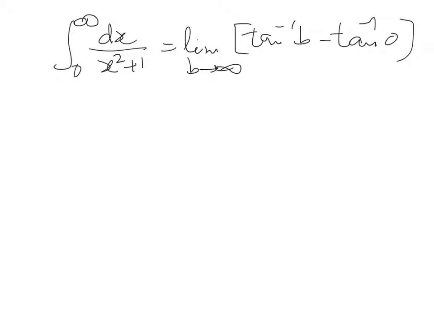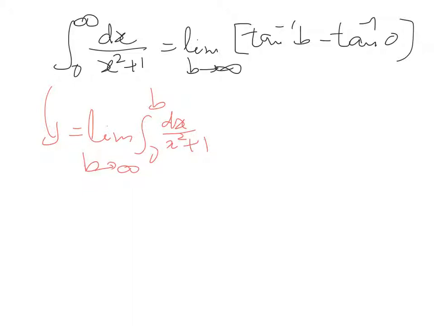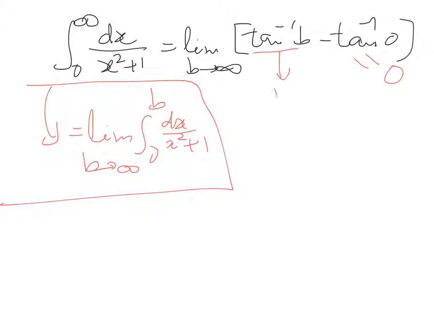We notice that this can be written as the limit of the integral from 0 to b of dx over x squared plus 1 as b approaches infinity. Now this part is 0, and as b approaches infinity, this will approach pi over 2. Therefore, this is equal to pi over 2 minus 0, which is pi over 2.